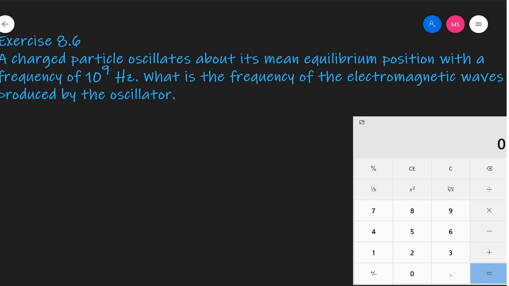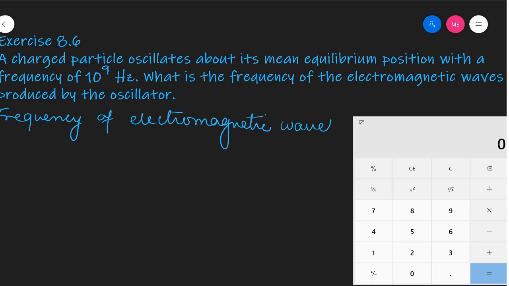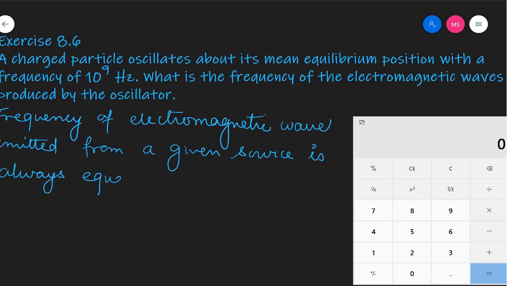So, we know that the frequency of electromagnetic wave emitted from a given source is always equal to the frequency of that source.